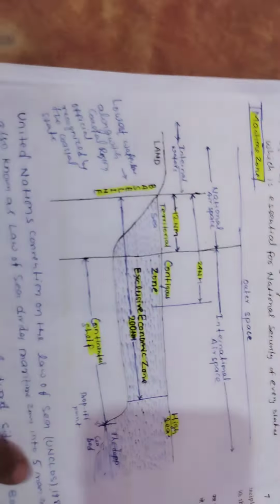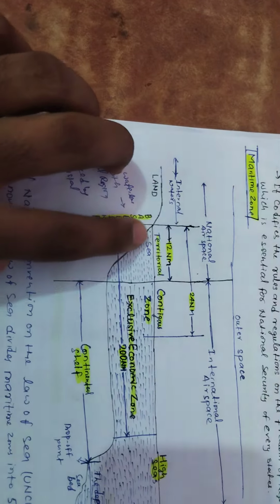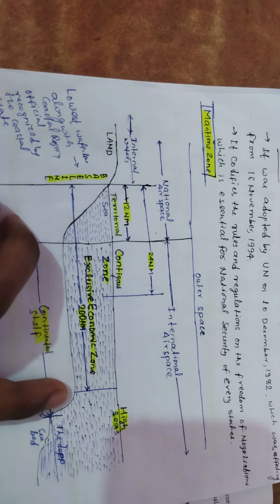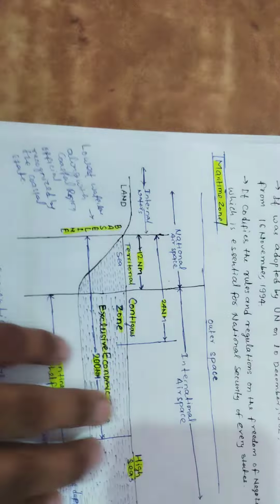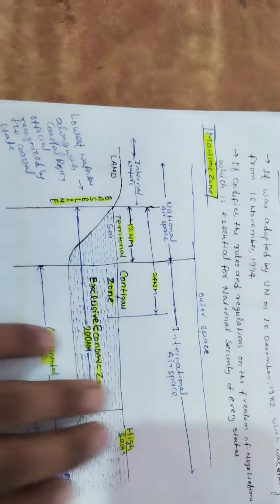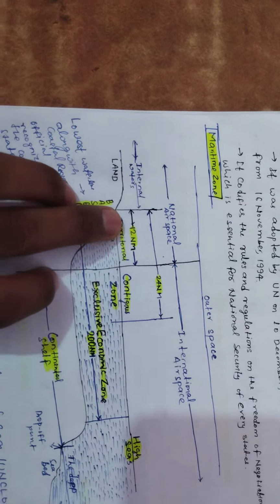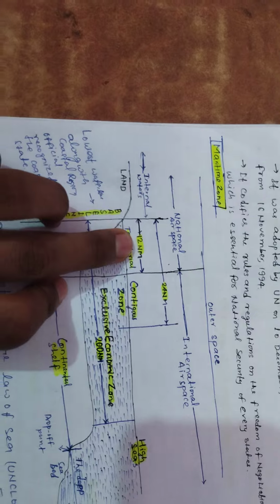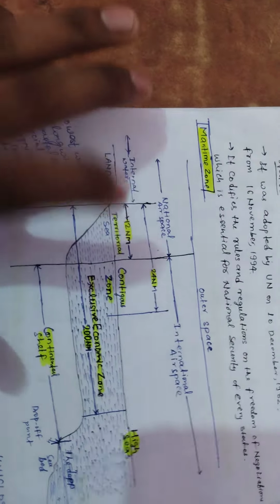So let's come to the figure. This line shows the land, and this is the whole area of sea. And now come to the territorial sea. It extends from the baseline to 12 nautical miles. This area is called the territorial sea.